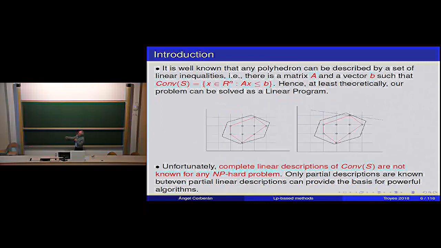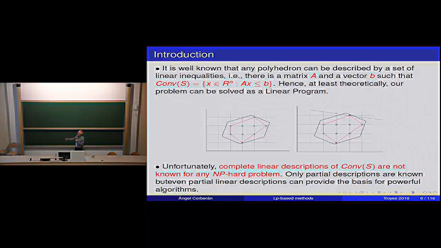And since it's well known that a polyhedron can be described as a set of linear inequalities, at least theoretically, then it would be possible to solve our integer problem as a linear program.